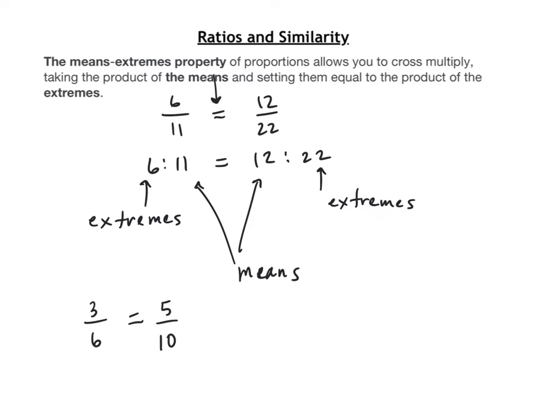Those are both 1/2. Notice that if I cross multiply, 6 times 5 is equal to 3 times 10. They're both 30, and that's always true if the two ratios, the two fractions, are equal. And I can use that to solve.